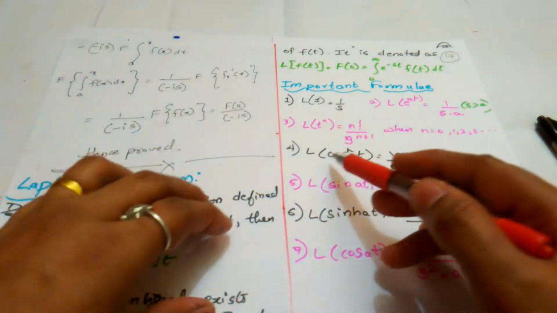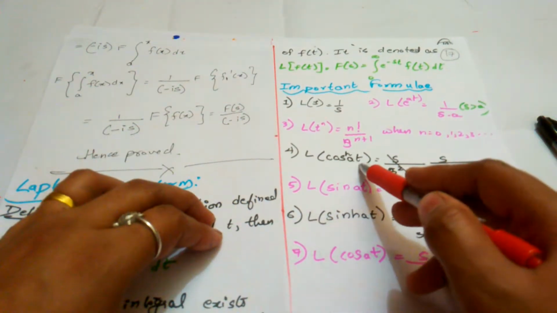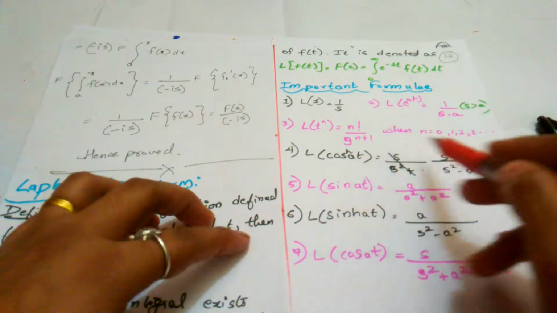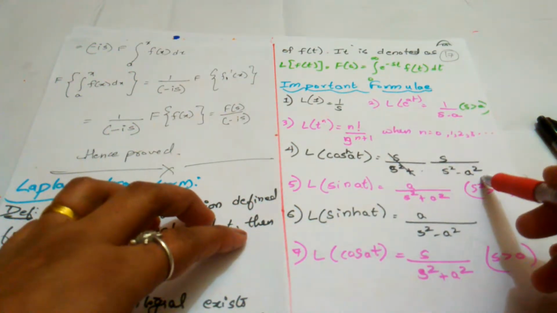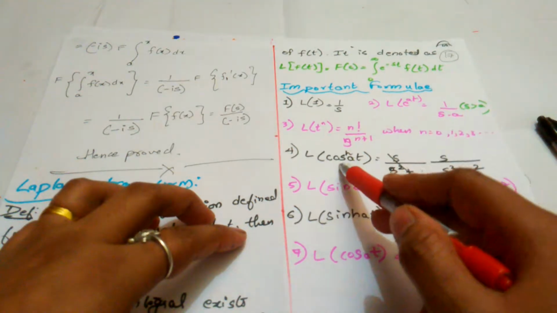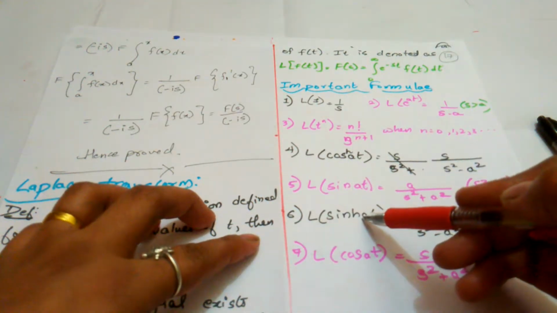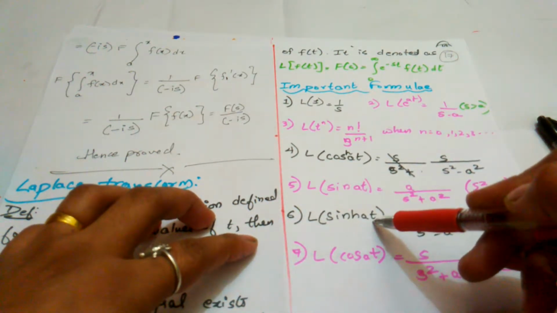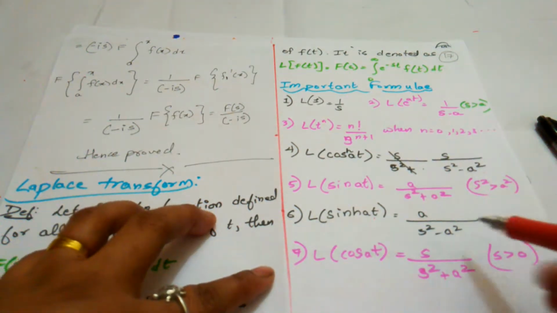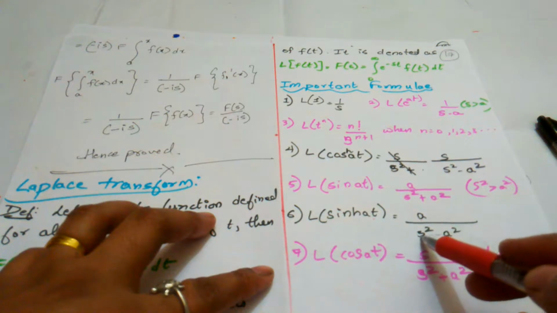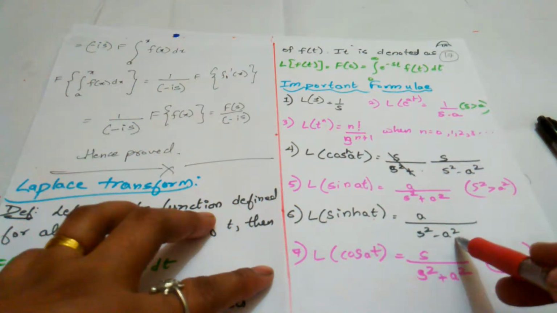First one is L of cosh at, which is equal to s divided by s square minus a square. Similarly, for sinh at, the denominator is the same: a divided by s square minus a square.